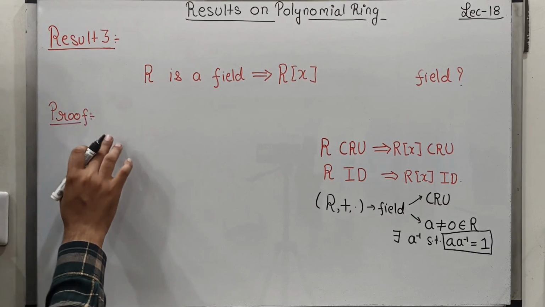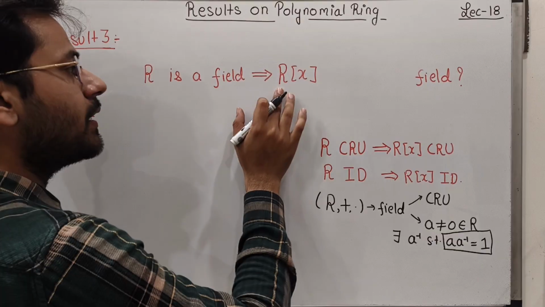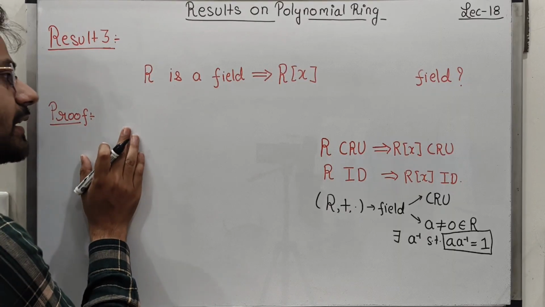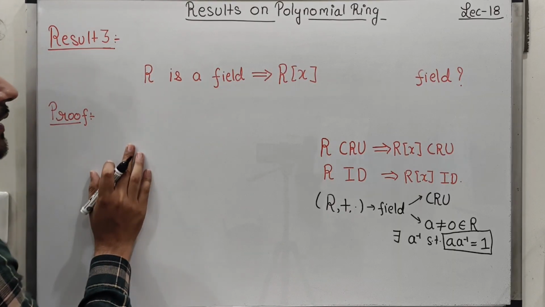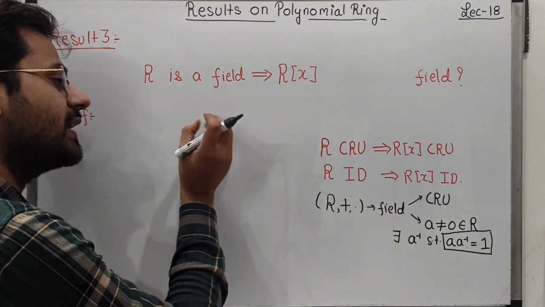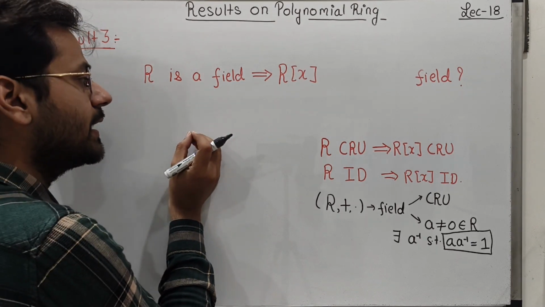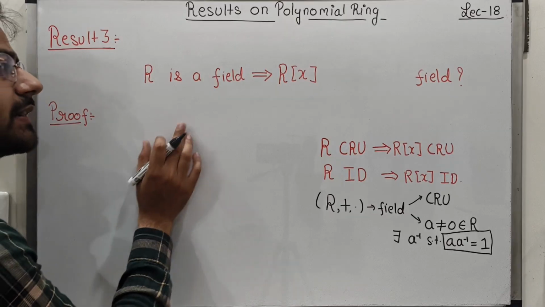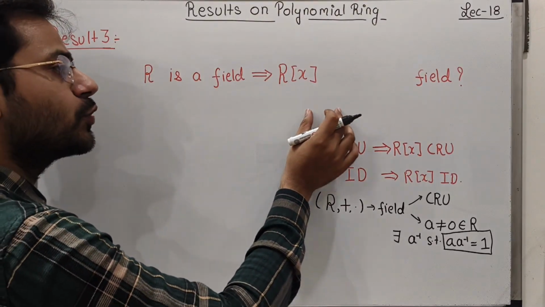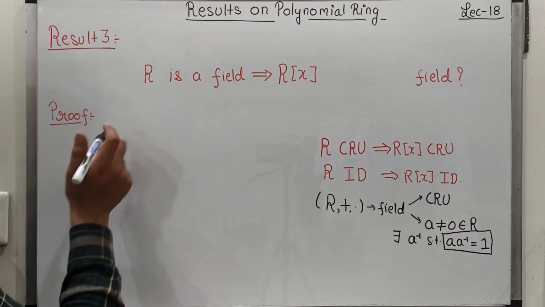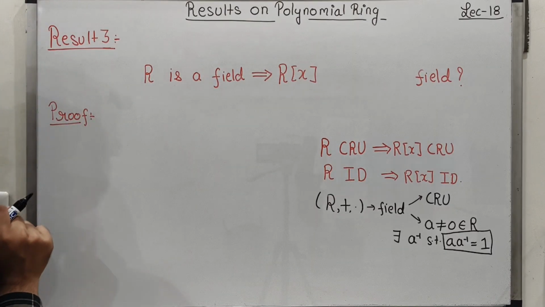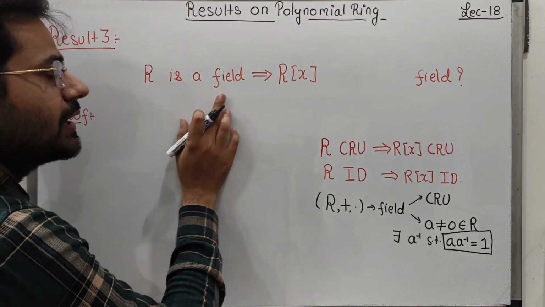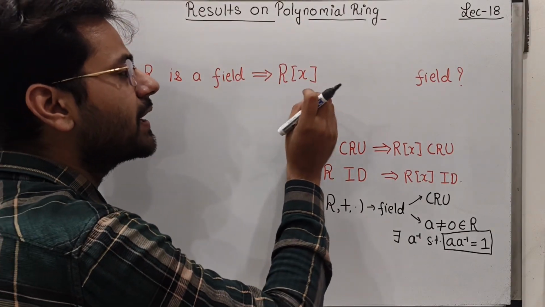So in order to prove whether the polynomial ring R[x] is a field or not, if we are able to show at least one example that a particular element has no multiplicative inverse, then we can say that the polynomial ring is not going to be a field. So we are going to consider one counter example which will show us that if the parent ring is a field, then the polynomial ring will never be a field.